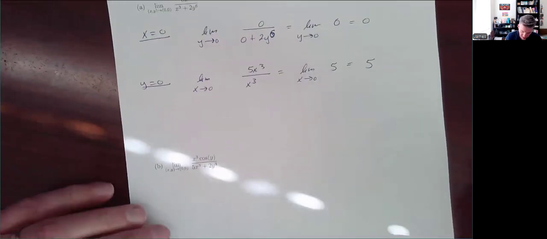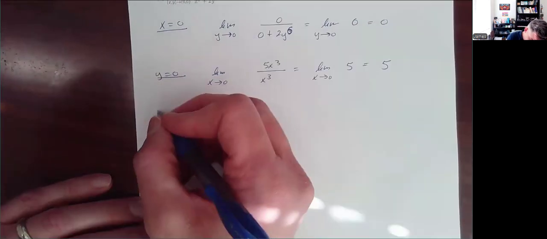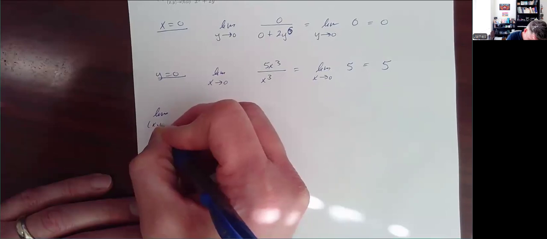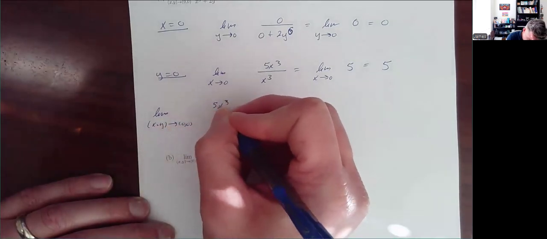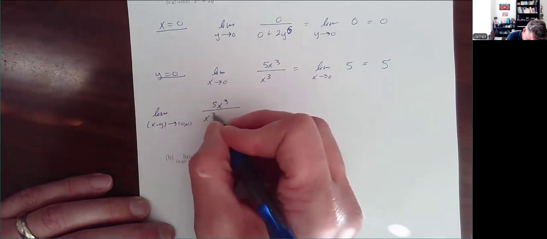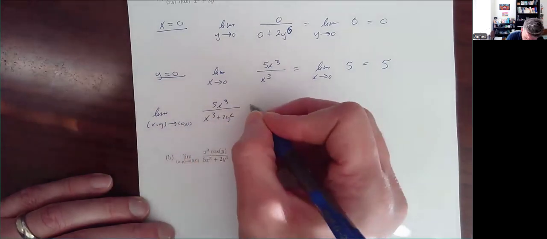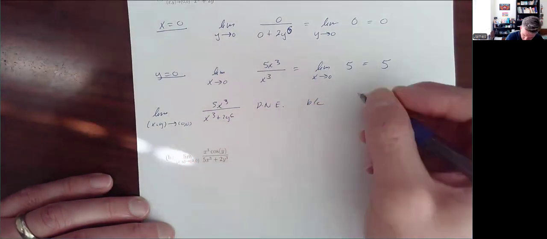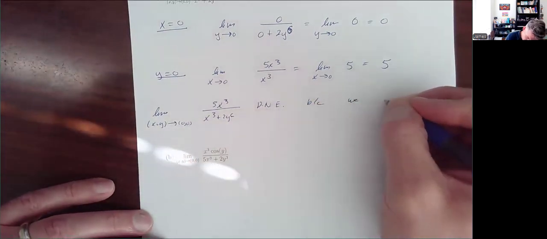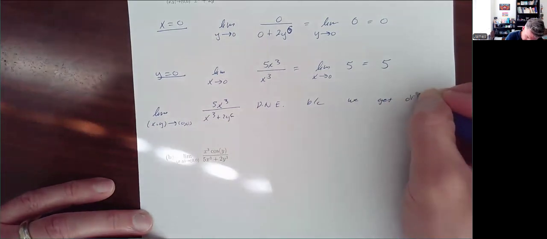You might write words like: the limit as (x, y) approaches (0, 0) of 5x cubed over x cubed plus 2y to the sixth does not exist because we get different values along different paths.